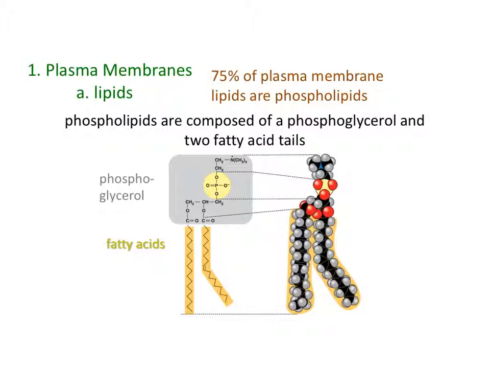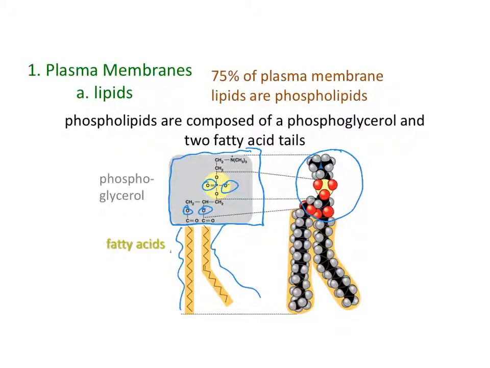And again, phospholipids are created by this phosphoglycerol head, which you can see contains a variety of oxygens, which makes this a hydrophilic component. And then fatty acids, which are these carbon chains coming down. This is a saturated one; unsaturated has a kink in it, a double bond. But the fatty acids also give properties to the phospholipid.